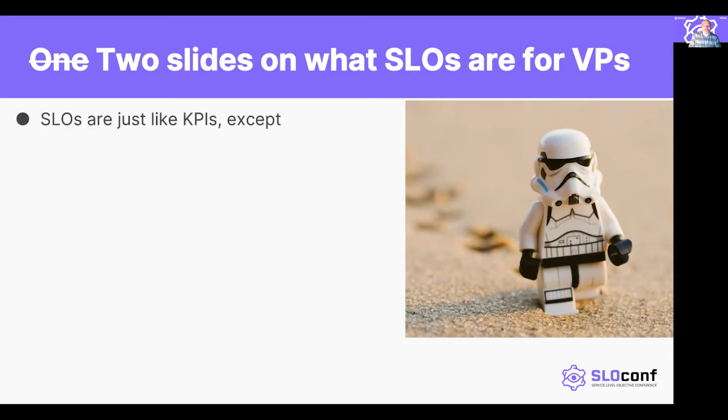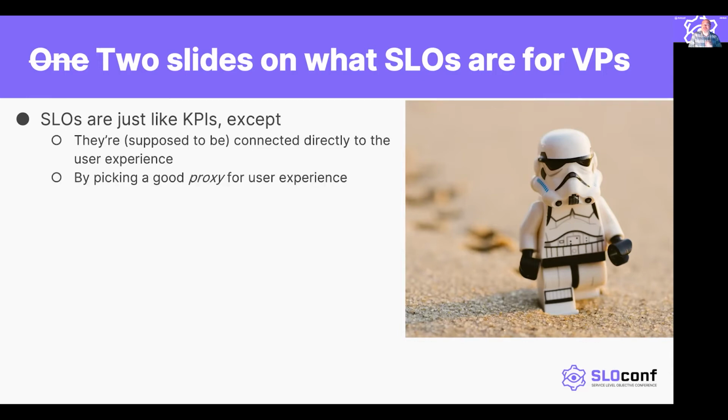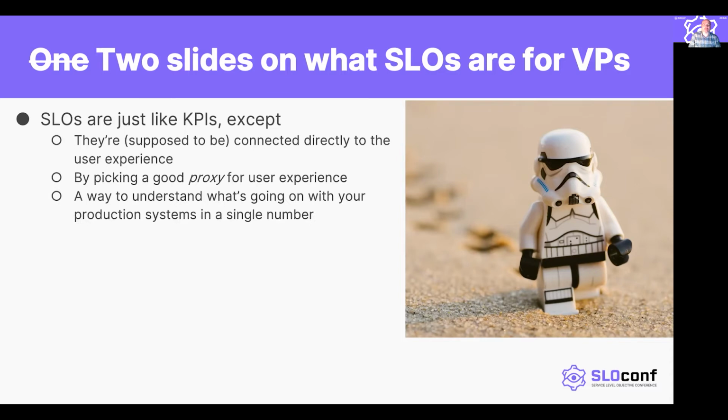Now, SLOs, it turns out, are actually just like KPIs, except that, and sometimes this requires some iteration, they're supposed to be connected directly to the user experience. Which means that you have to pick a good proxy, a good signifier of the user experience for the service that you're responsible for.